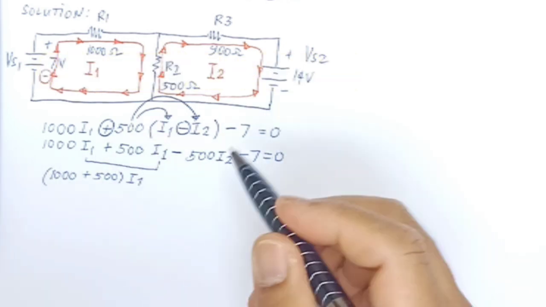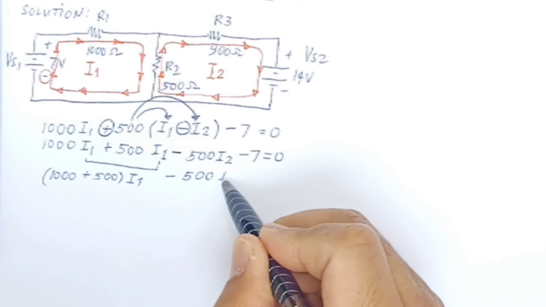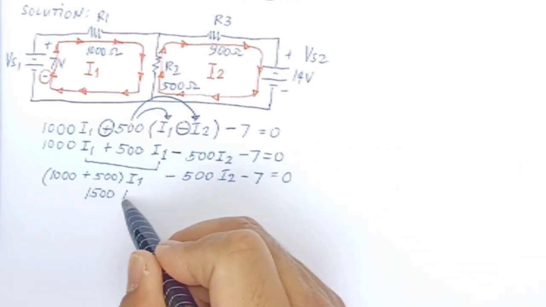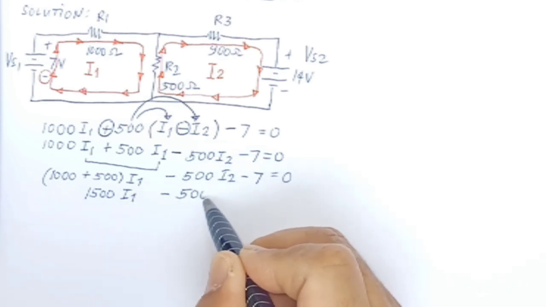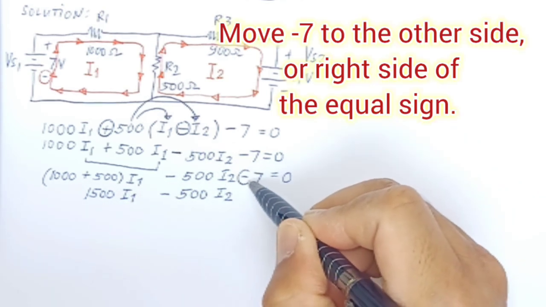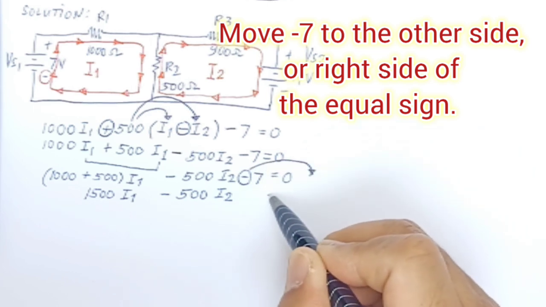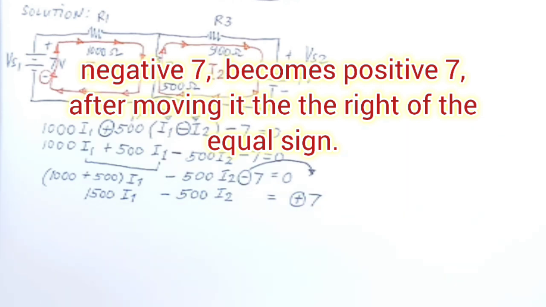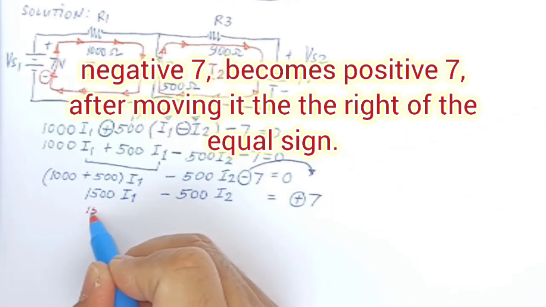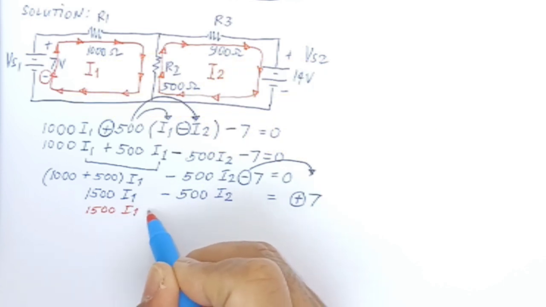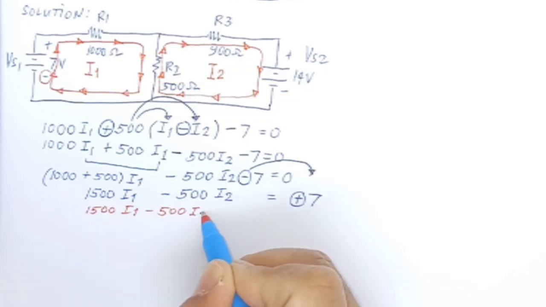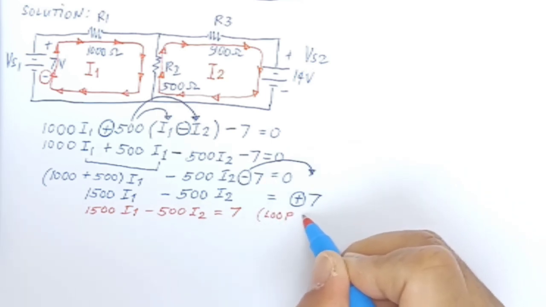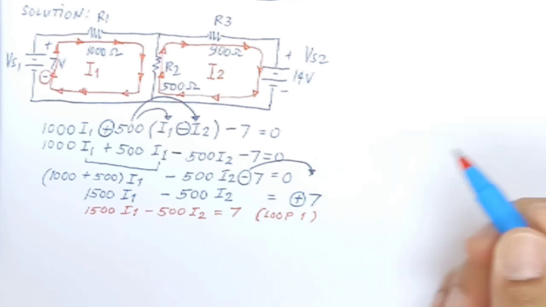So we will get 1000 plus 500 I1 minus 500 I2 minus 7 equals 0. And then we will get 1500 I1 minus 500 I2. And this minus 7 will go to the right. It will become positive 7. Again, this will look like 1500 I1 minus 500 I2 equals 7. And this will be the equation for loop number 1, or for the I1 loop.